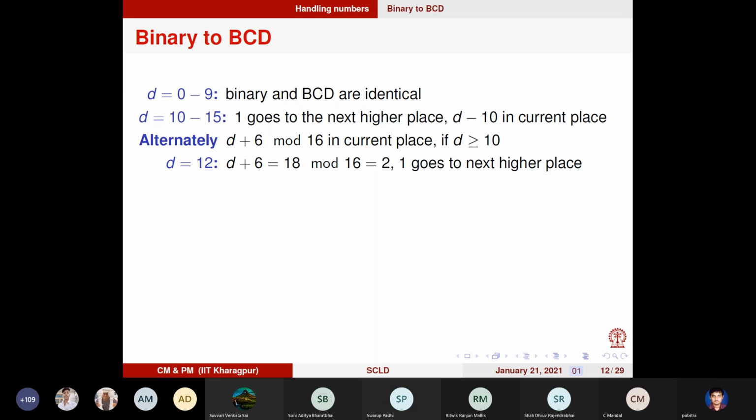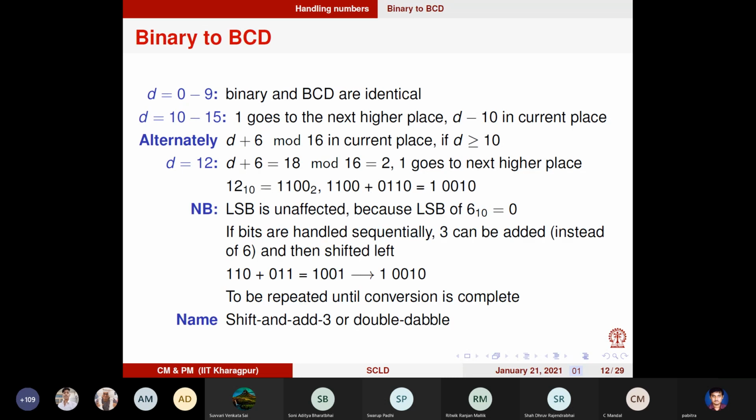Let me give an example. First let me state these two rules and then I'll show you how to do that. For a number d between 0 and 9, binary and BCD are identical.